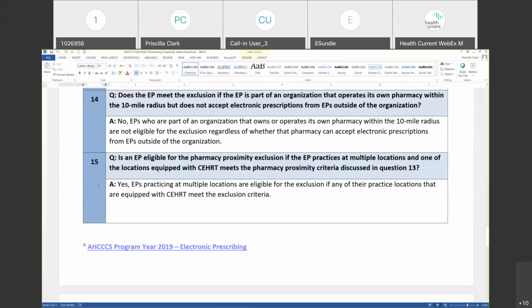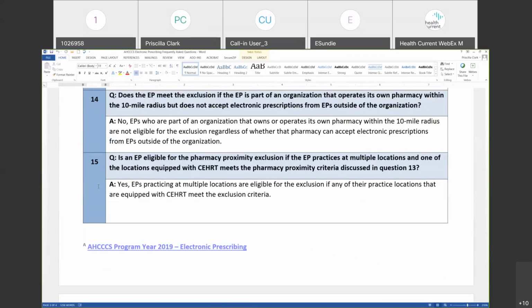Question 15, is an EP eligible for the pharmacy proximity exclusion if the EP practices at multiple locations and one of the locations equipped with CERT meets the pharmacy proximity criteria discussed in question 13? Yes, EPs practicing at multiple locations are eligible for the exclusion if any of their practice locations that are equipped with CERT meet the exclusion criteria.